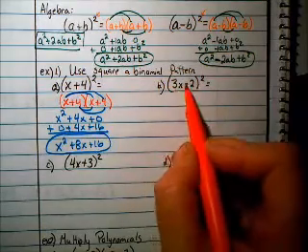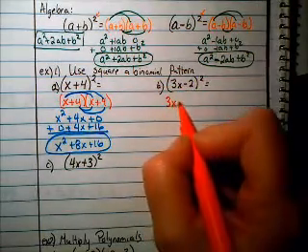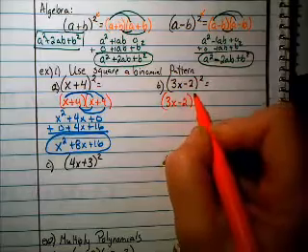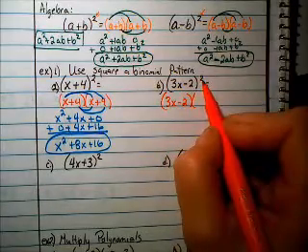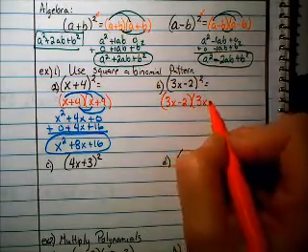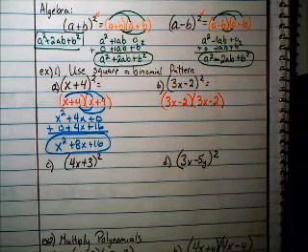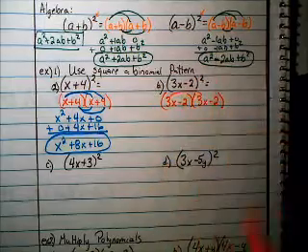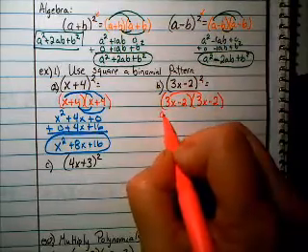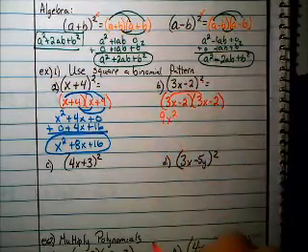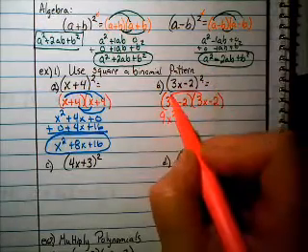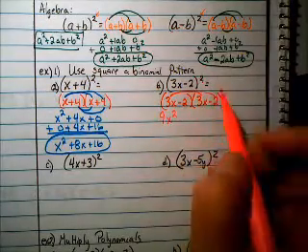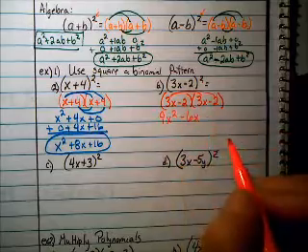On B, we have 3x minus 2. I'm going to write it twice, and it's only because I have a 2 as an exponent that I'm writing it twice. And foiling, that would be 3x times 3x, which is 9x squared. Remember to multiply your coefficients. And then 3x times a negative 2 would be a negative 6x.